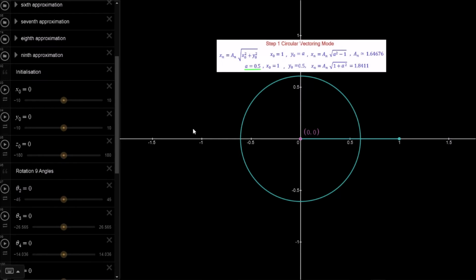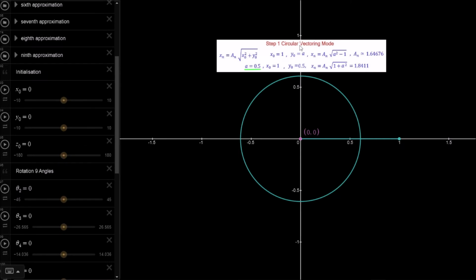So let's look at this in 2 modes. We'll first of all look at it in vectoring mode, and then we'll look at it in rotation mode. So we can use this same simulation in order to generate those 2 different modes. But note, this is only going to work in this particular simulation for circular. I've got another file for the linear, and I've got another file for the hyperbolic.